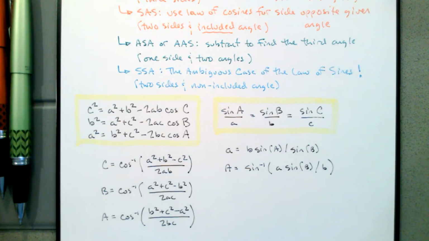The new piece of information that we want to get today is the law of sines. The law of sines says that the ratio of the sine of an angle to the side opposite that angle is constant in any triangle.